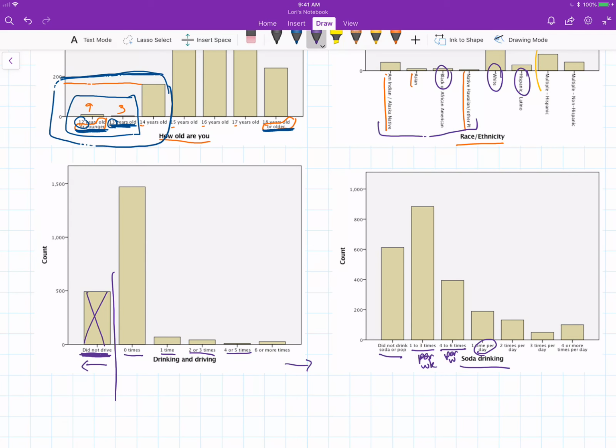As soon as it's 7 times per week, that's once a day on average, right? And then twice a day, 3 times a day, and 4 or more times a day. Notice how this goes up, because there are probably people who have 4 or 5 or 10 sodas per day. And so you end up with that category that is, again, lumping a bunch of things together.